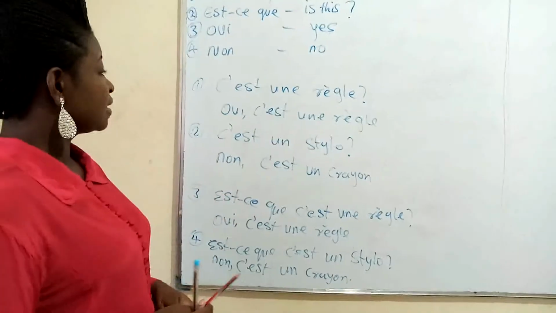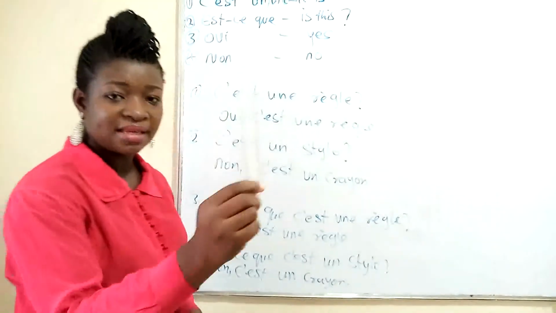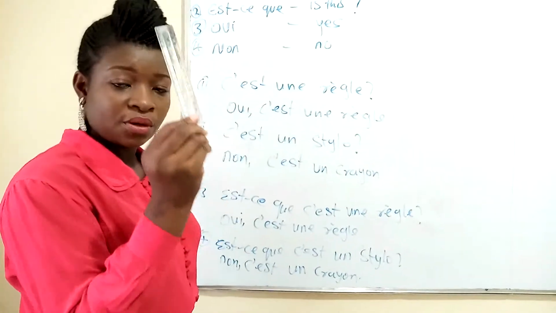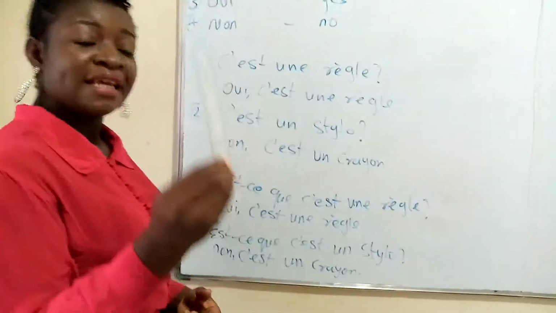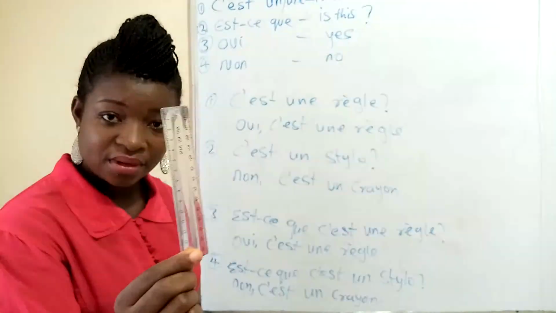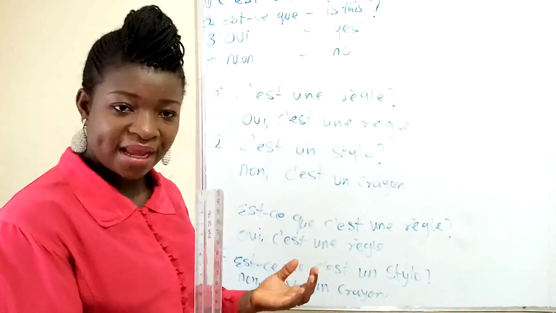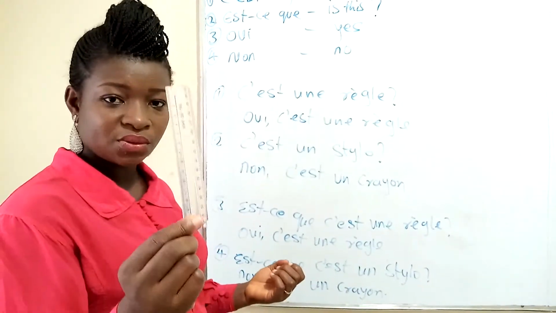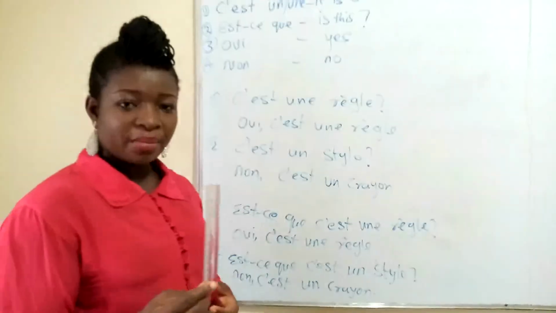Okay, number 1. C'est une règle. Look at this. C'est une règle. And what's the meaning of c'est une règle? It is a ruler. So you look at this. If this is a ruler, what will be your answer? Oui, c'est une règle. Very good. The next one, number 2.